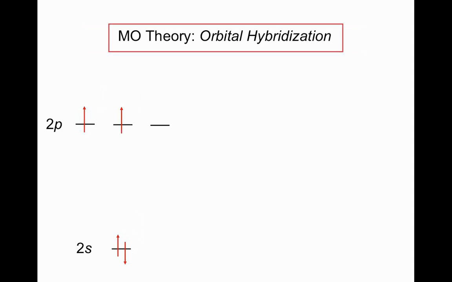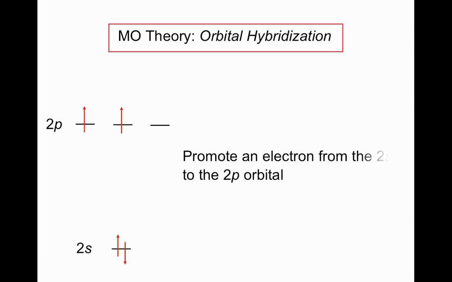In contrast, molecular orbital theory readily explains this by demonstrating that the individual atomic orbitals in carbon can combine to form hybrid orbitals with new shapes and energies that participate in covalent bonding. Molecular orbital theory explains this through the promotion of one electron from the 2s orbital to an empty p orbital.